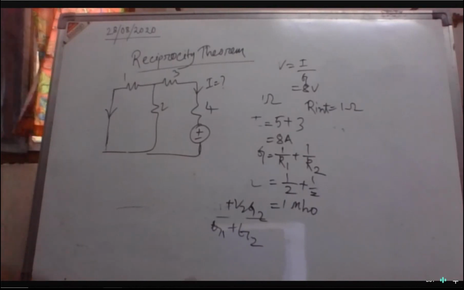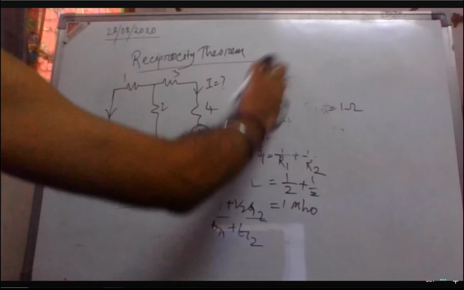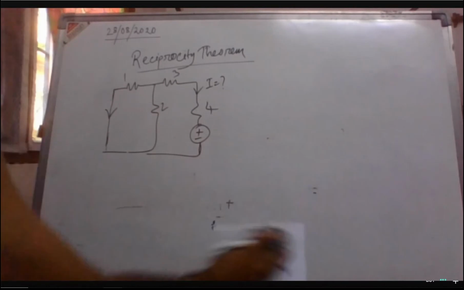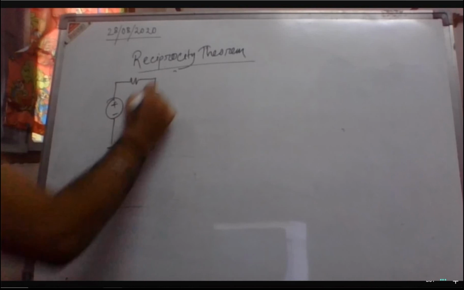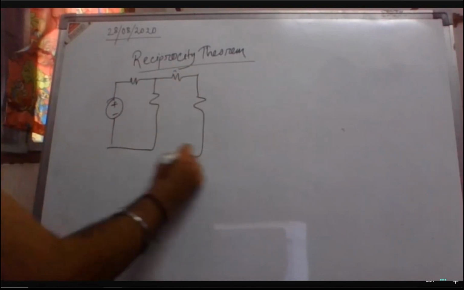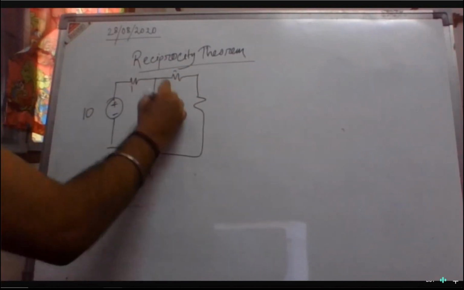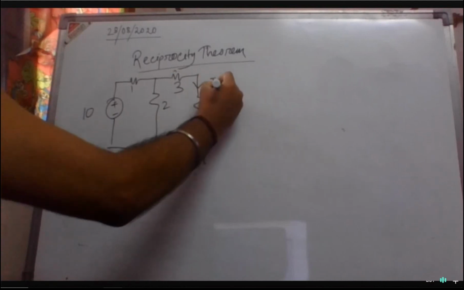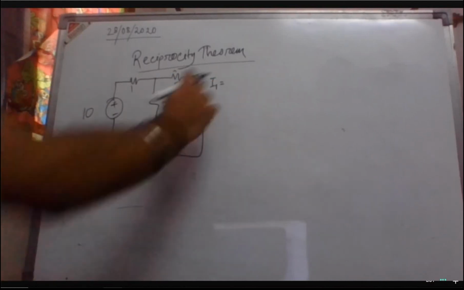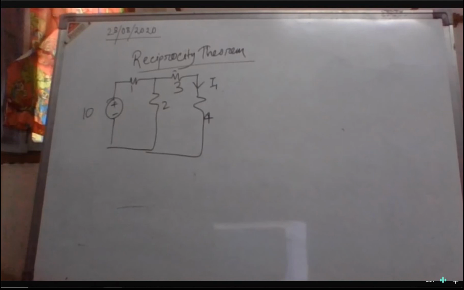Is it clear to everyone, or should I tell again? Once more, sir. Repeat. Okay. Suppose we have a circuit like this, 10, 1, 2, 3, 4. The value of this current, suppose I have taken this as I1.